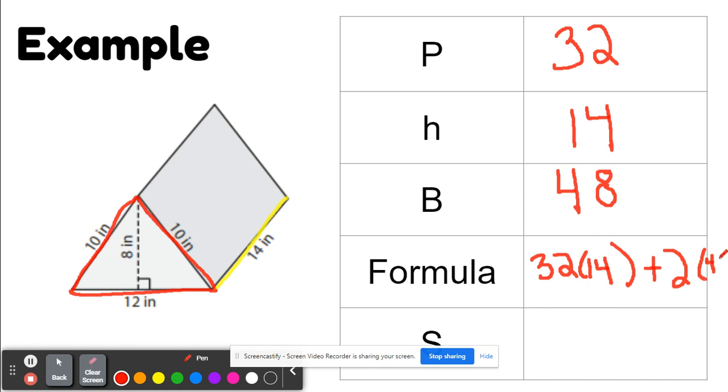I'm going to run out of room here. There, we're going to say that that parentheses is here. So when I put that in my calculator, I put it exactly as it is. 32 times 14 plus 2 times 48. When I put that together, I get a surface area of 128.